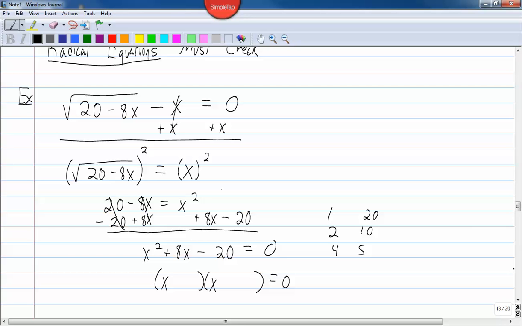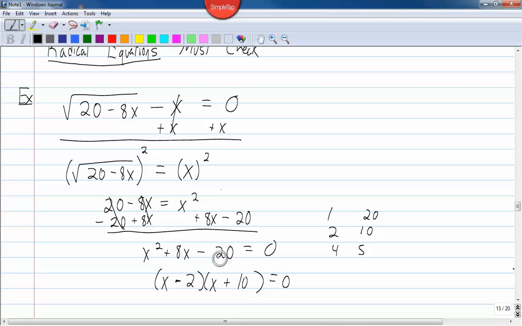So now I want to plug these in so that I get a negative 20 out when I multiply them together. And then when I multiply these things times x, I want to get a positive 8. So since I want a negative here, one's going to have to be negative, one's going to have to be positive. So what about a plus 10 and a minus 2?